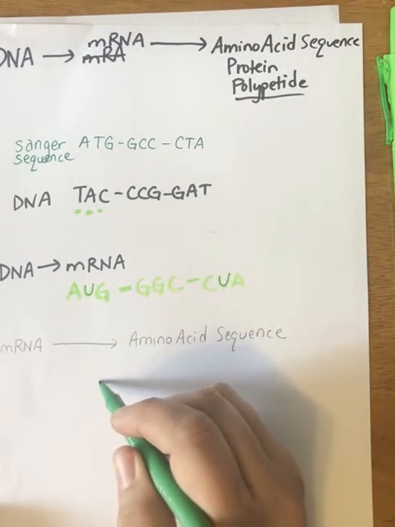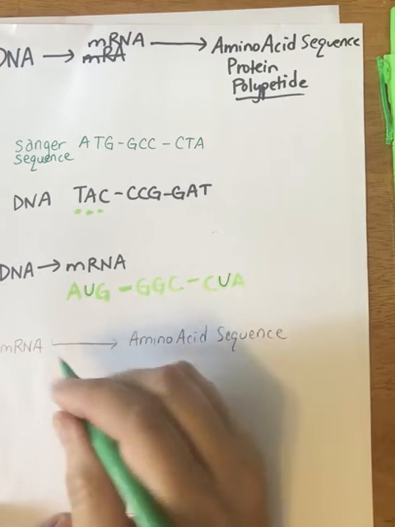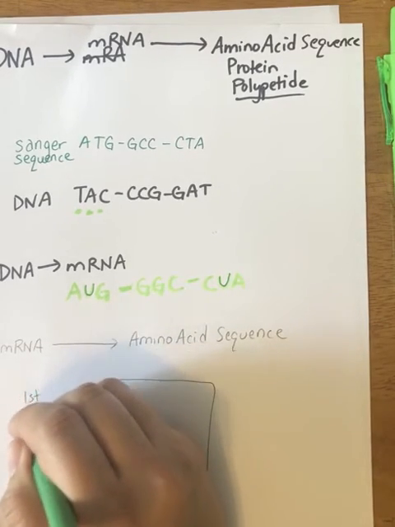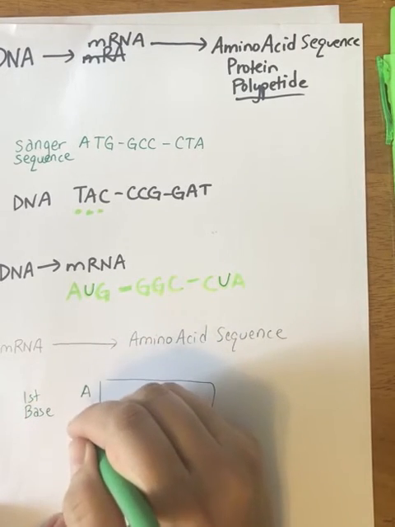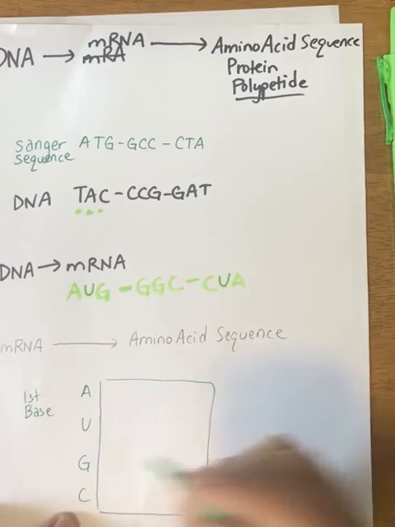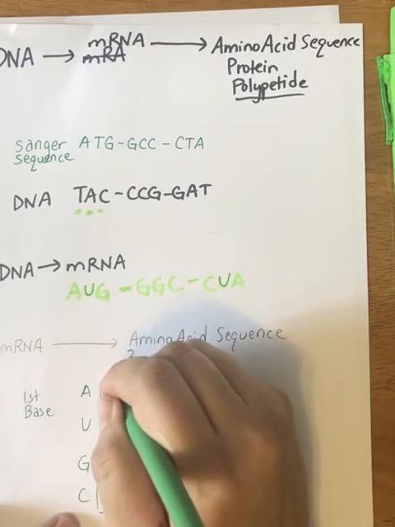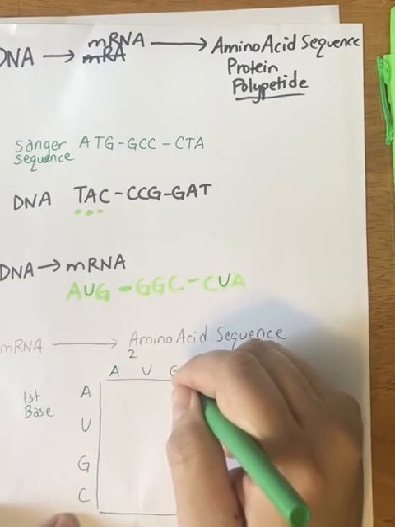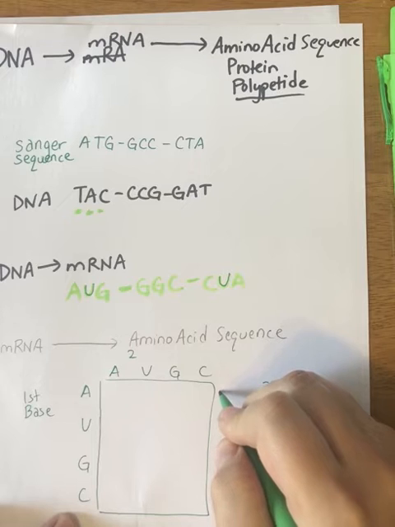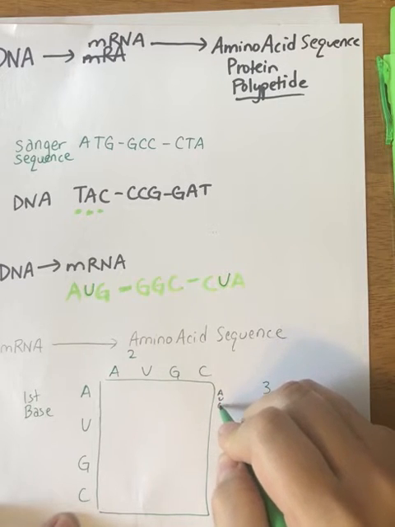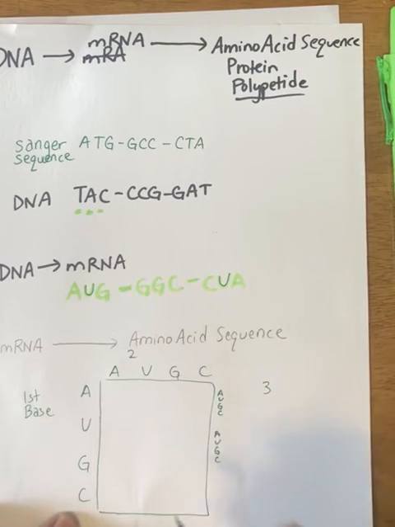Now the chart is written out something like this, and it's got the first base over here. This is how you read it. Let's just say it's A, U, G, C, and I could be getting this wrong. The second base over here would be A, U, G, C, and then your third base over here is going to be a little bit smaller. It's A, U, G, C, because you can have multiple bases.